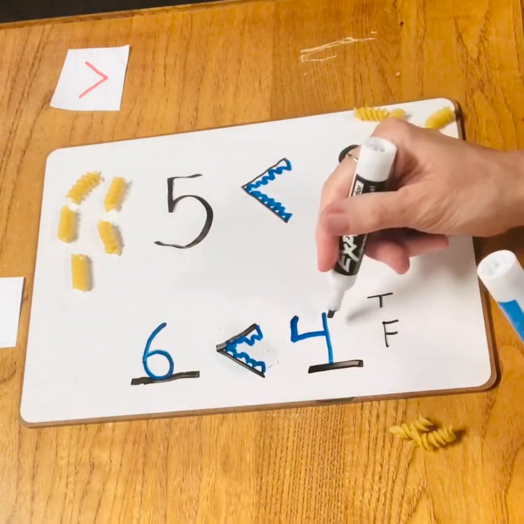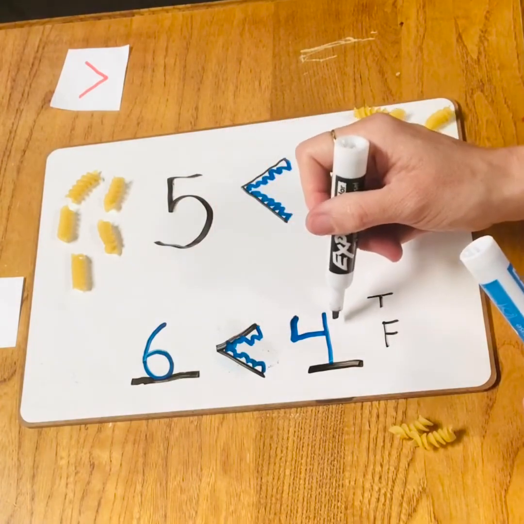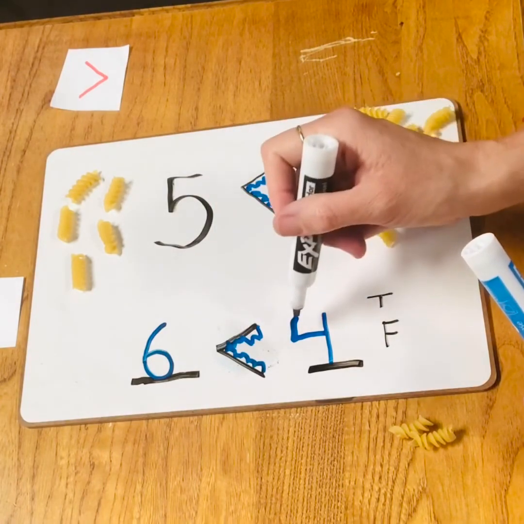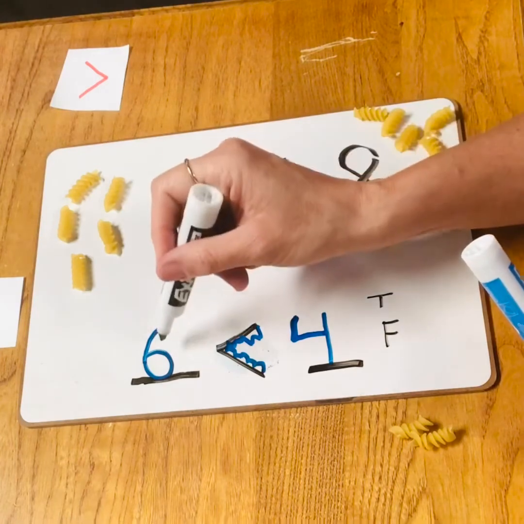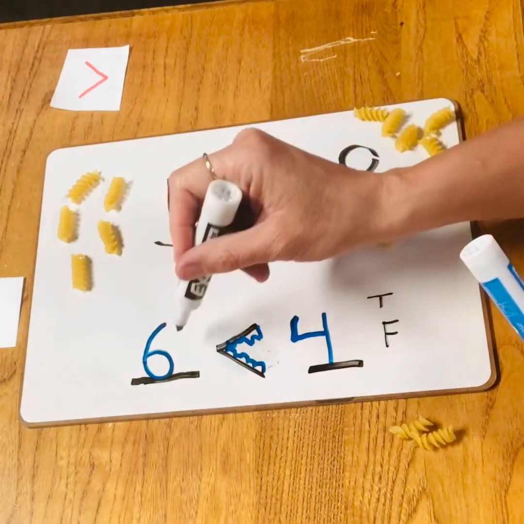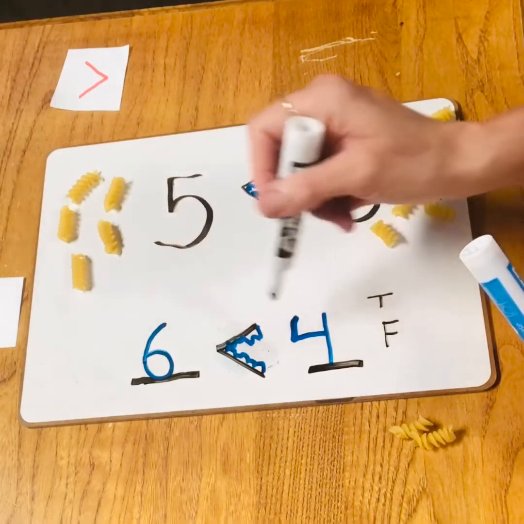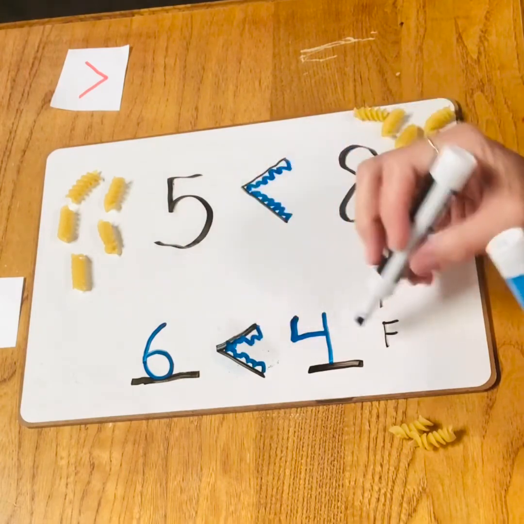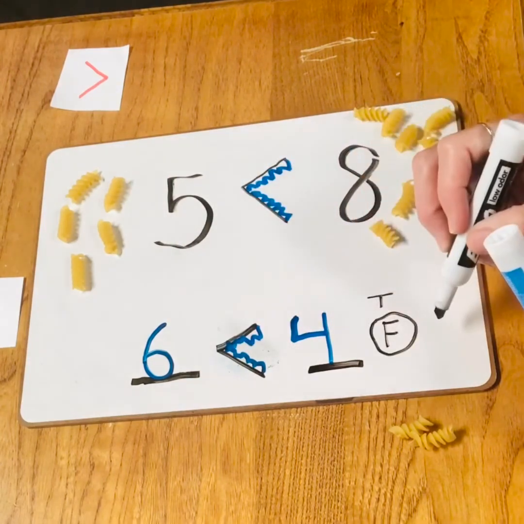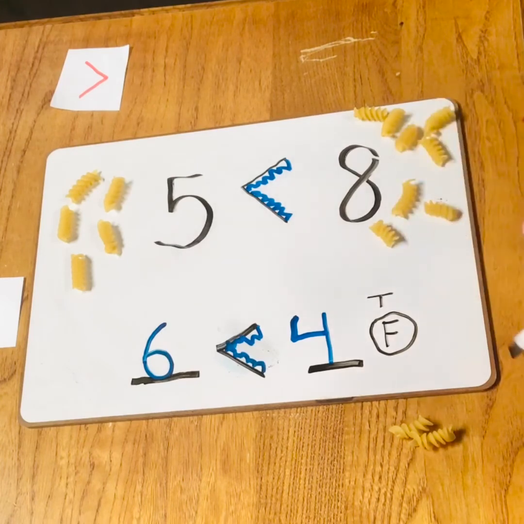Is that the larger number? Is that what the alligator wants to eat? No, the alligator really wants to eat the 6. That is a greater, larger number than 4. So this is false. It's not true. Okay? So that's just a simple way of doing that.